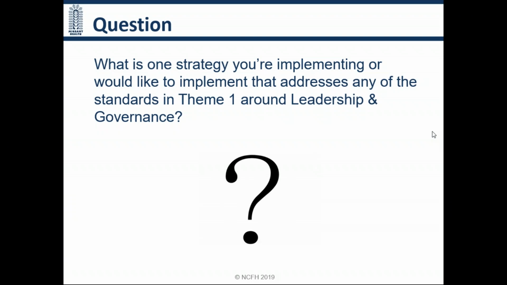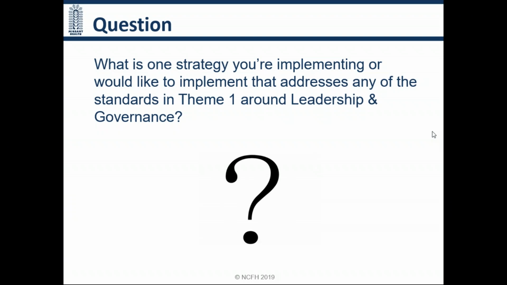Okay, so as I see some responses come in, I'm going to read them out, and then we'll discuss these. So that looks like staff does reflect populations being served. Great.